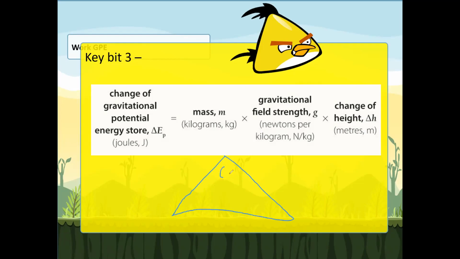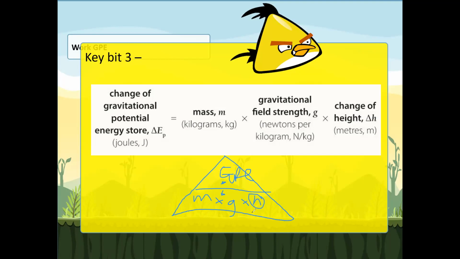So you have your GPE, and then you have your mass times gravity times height. So if you want to find the height, you circle the height, then you do GPE divided by mass times gravity.